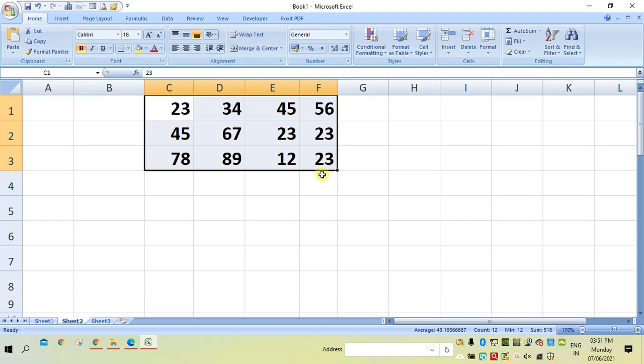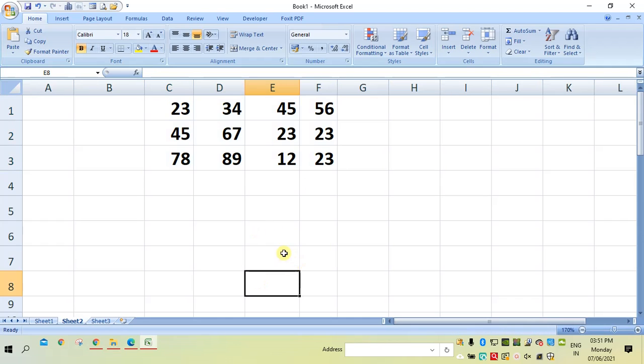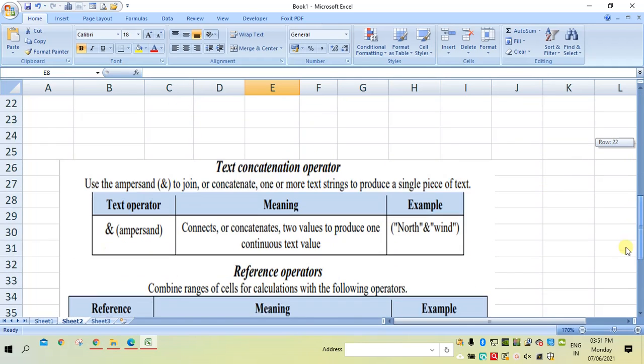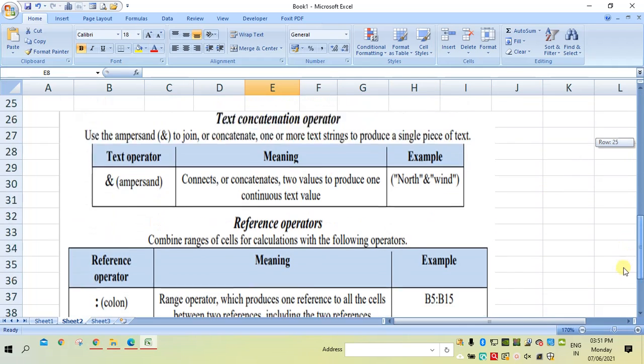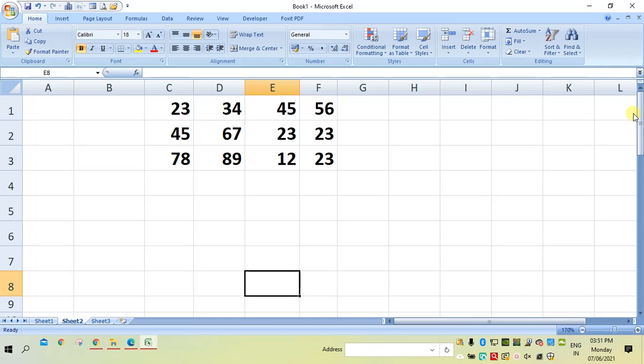Next operator is the comma operator. We call the comma operator a union operator, which separates many ranges, and the comma is also used in functions. Suppose to add the yellow labeled row, I will use the sum formula: equal to sum in bracket.